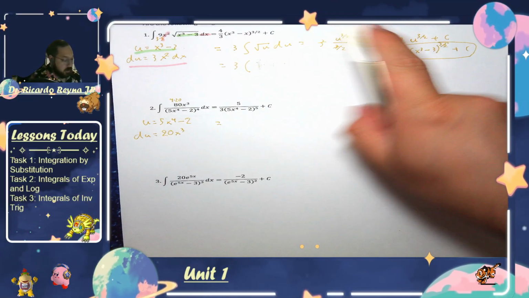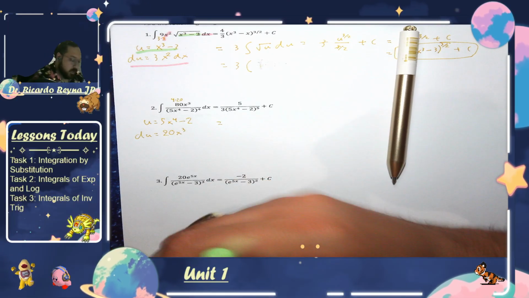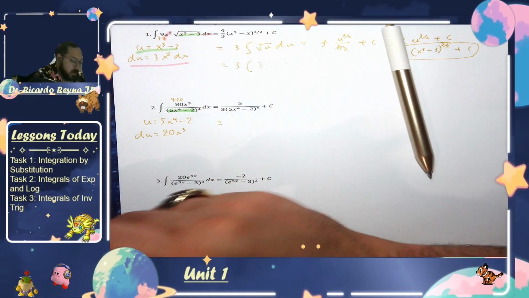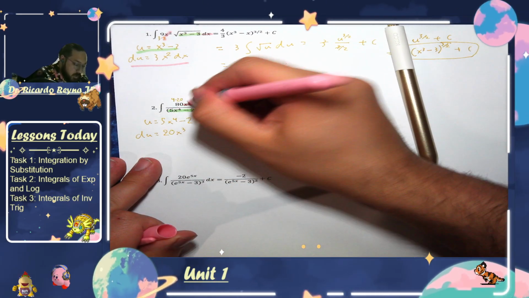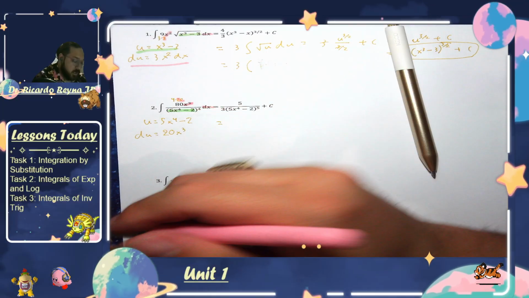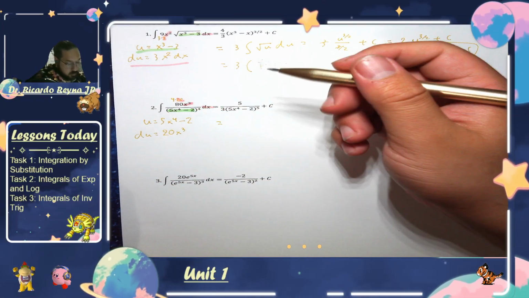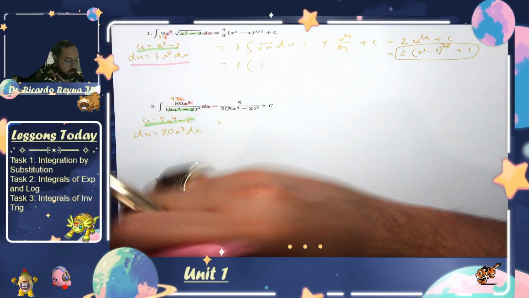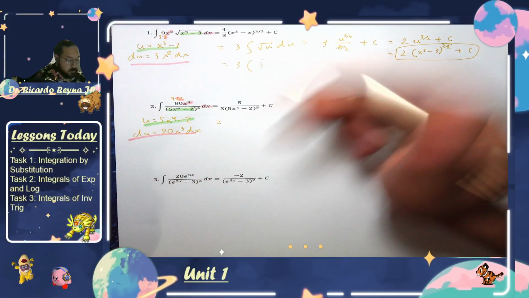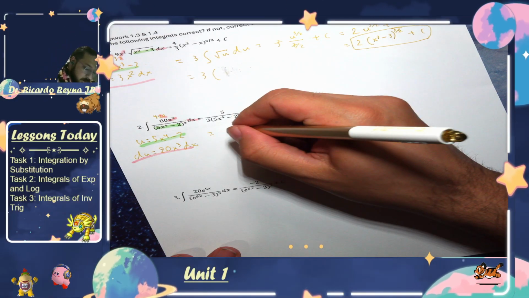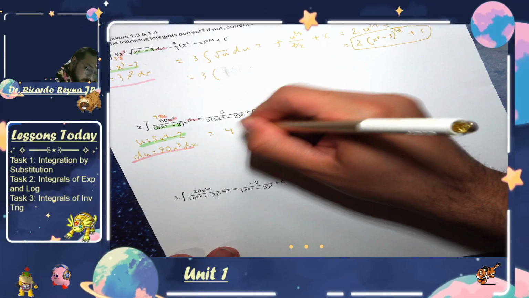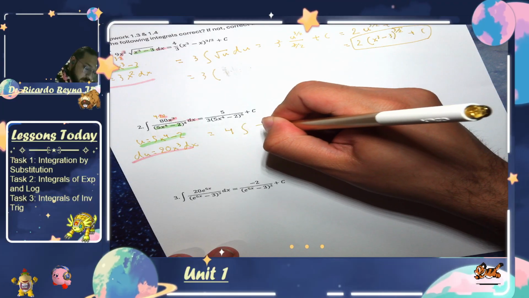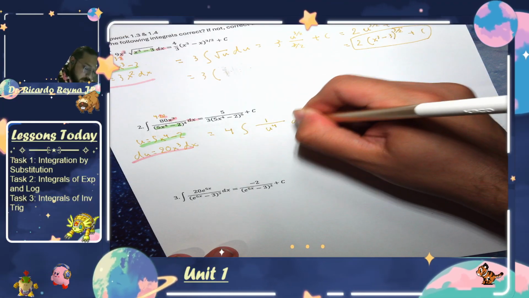So we can technically take this whole thing to be u, and then just take the x3 and just the 20 in the dx to be integral symbol 1 over u to the power of 4 du.